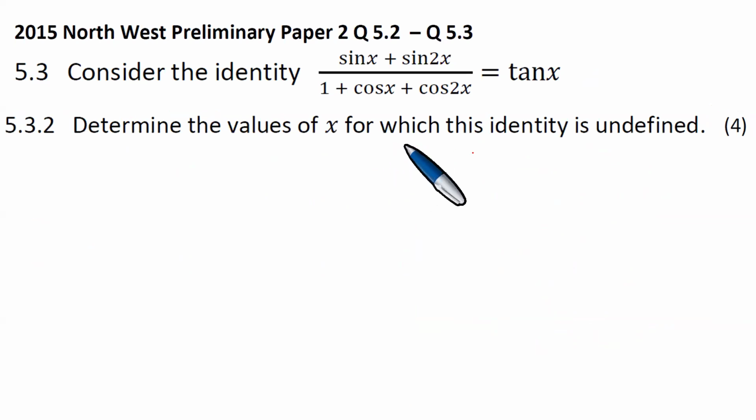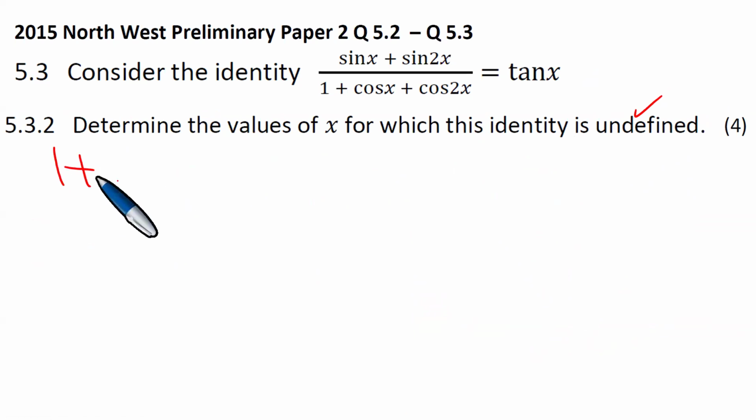Determine the values of x for which this identity is undefined. We're back to undefined. Okay, what do we do here? Undefined means you consider both parts.